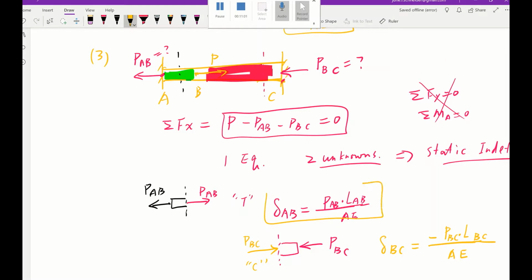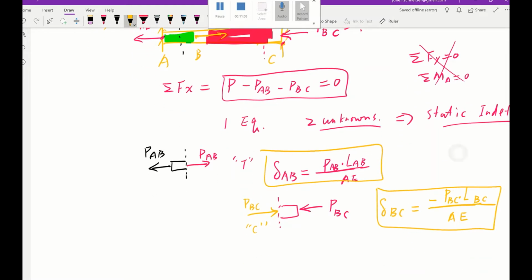So we got those two deformations for each section. And what can we think about? This entire bar is stuck between those two walls. So if you think about this entire bar delta, which is the summation of PL over AE, what's this value have to be? 0. You're right.